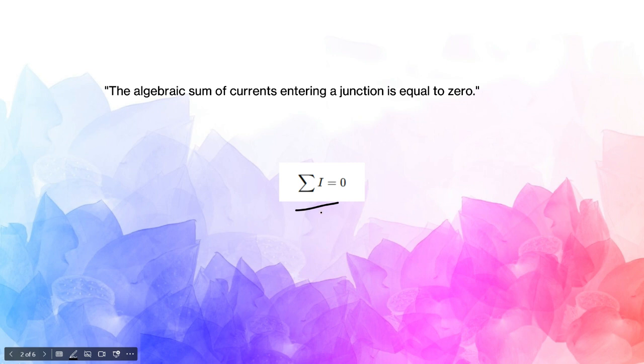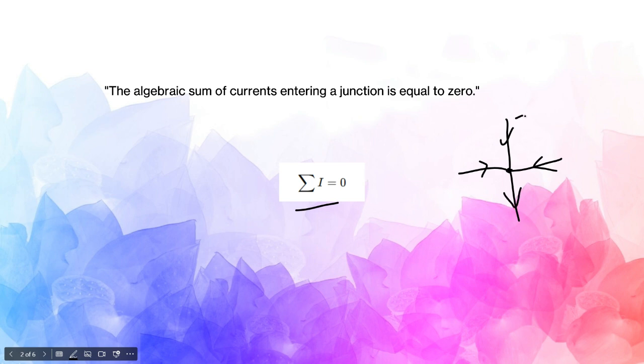Now let me give you an example of what it actually says. One node is something like this: an electrical node, where current is coming from different sides. Let's say this is one side, this is another side, this is another side, this is another side.